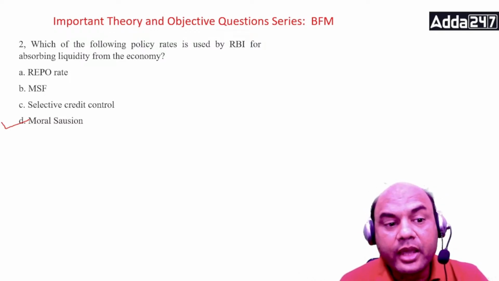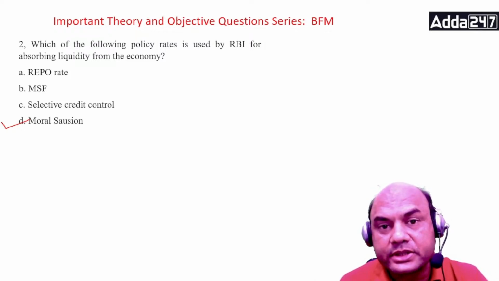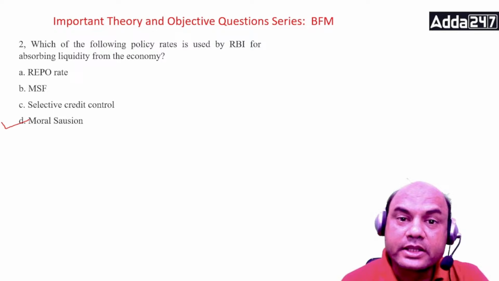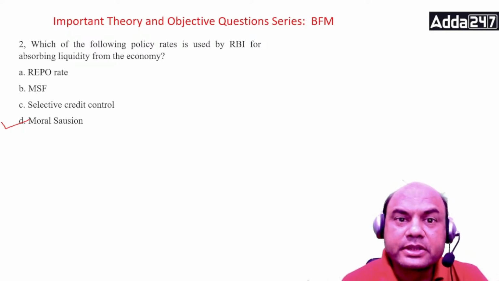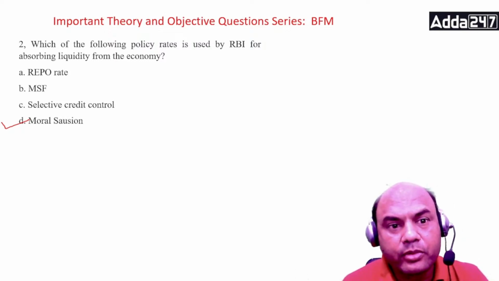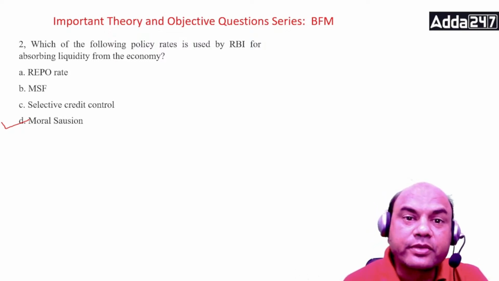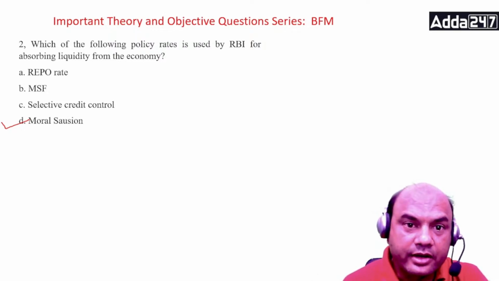MSF is marginal standing facility. This is a facility used mainly by the banks whenever everything dries up. Dries up means there is no chance of getting any money from any other bank or even RBI through their OMO. So in that case, MSF comes into picture. MSF rate is the highest rate.